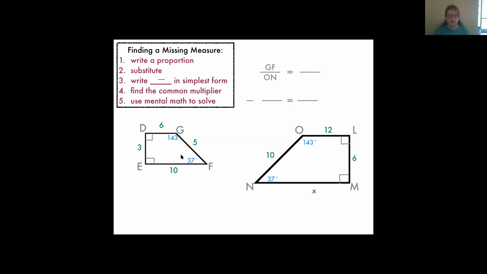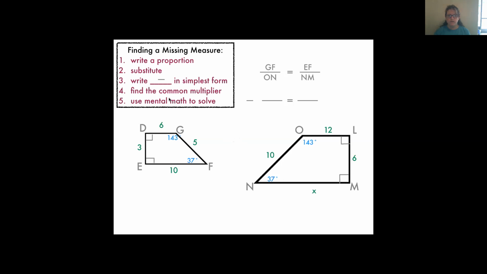So the first one we're going to do is GF. This line segment GF, what is its corresponding side on this one? Well, it would be ON. All right. And let's try EF. Corresponding side would be NM.